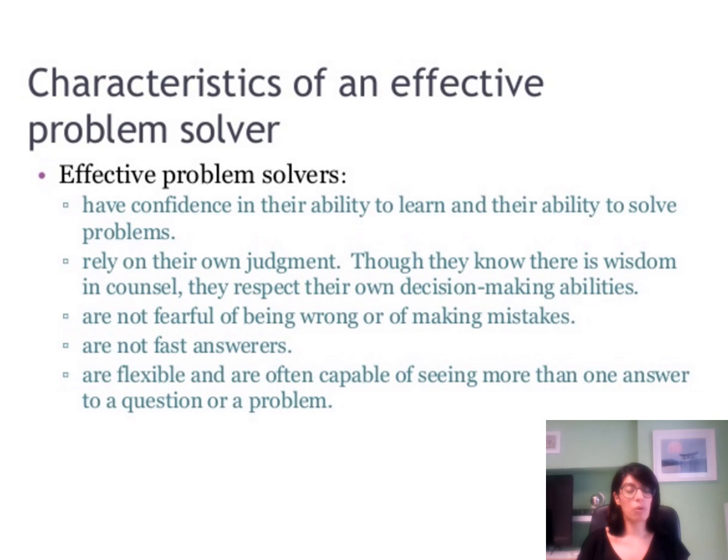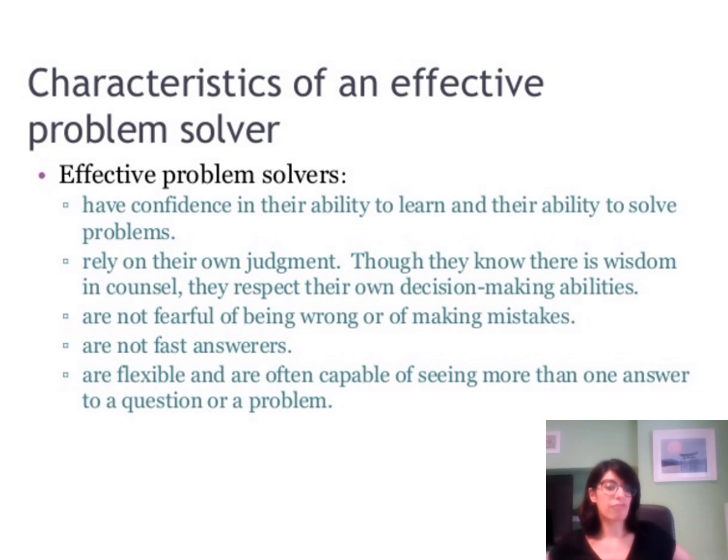So even though they know that there is wisdom in asking lots of people for their advice, they actually respect their own decision-making abilities. They're not afraid of being wrong and making mistakes because they know that mistakes only help us to learn. They don't make quick decisions based on limited information.